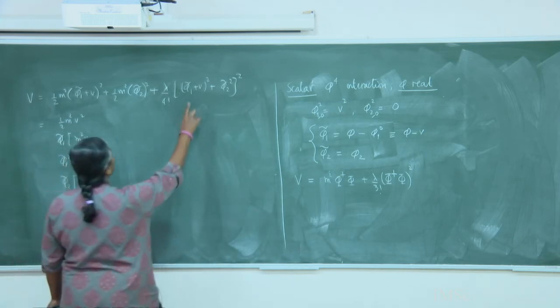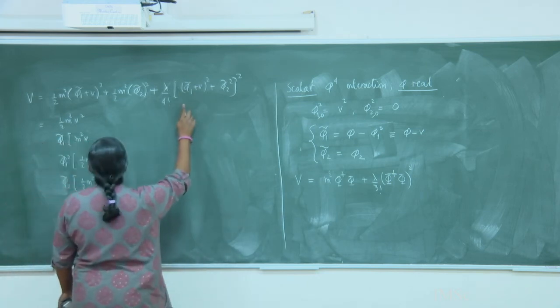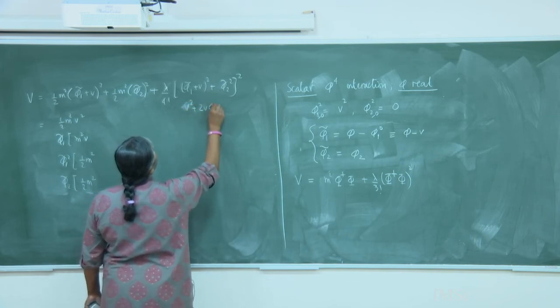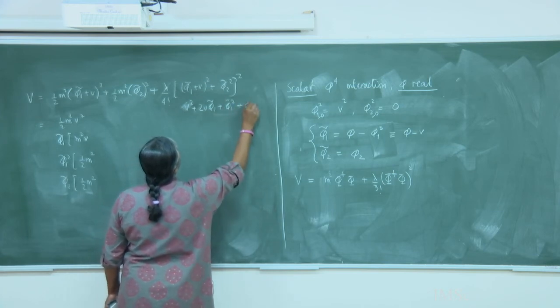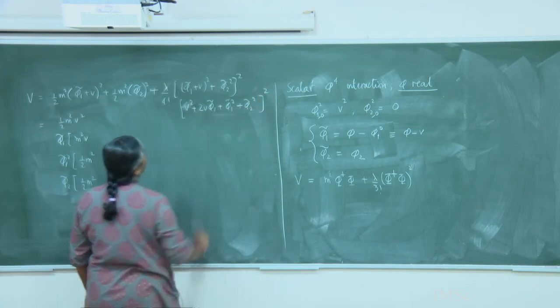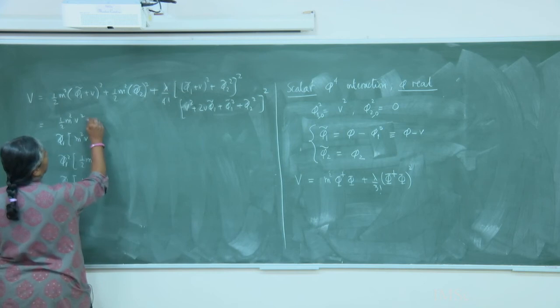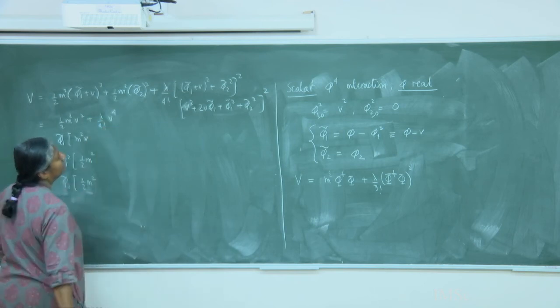Now I will have to write all these terms. So what is this? So you see that I have to write this as v squared plus 2v phi 1 tilde plus phi 1 tilde squared plus phi 2 tilde squared. So the square of this will be a constant, right?